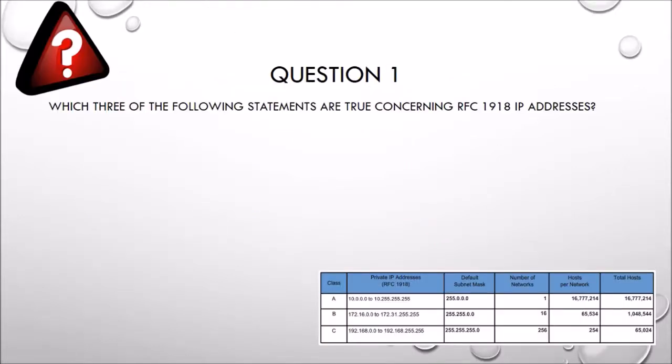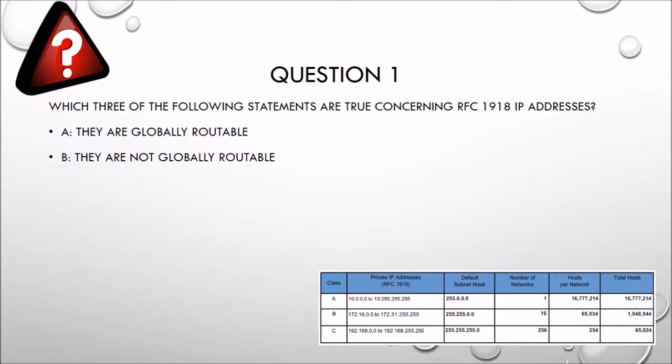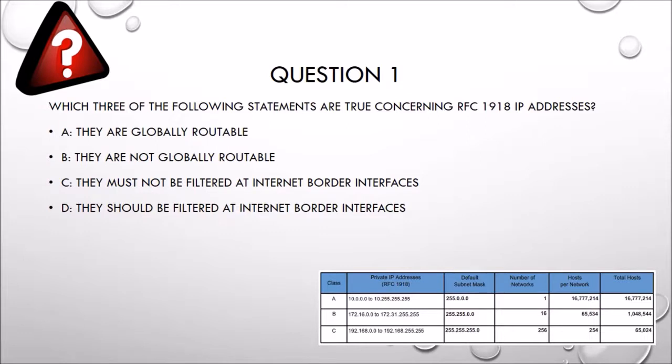Question 1. Which three of the following statements are true concerning RFC 1918 IP addresses? A. They're globally routable. B. They are not globally routable. C. They must not be filtered at Internet Border Interfaces. D. They should be filtered at Internet Border Interfaces.